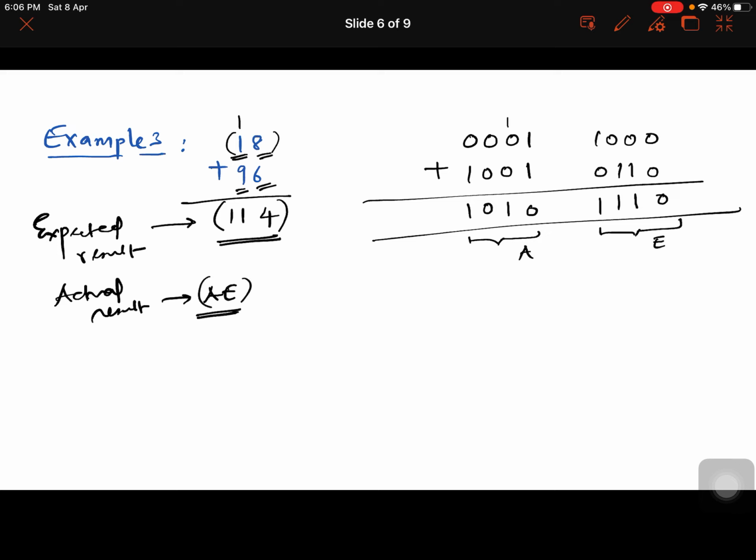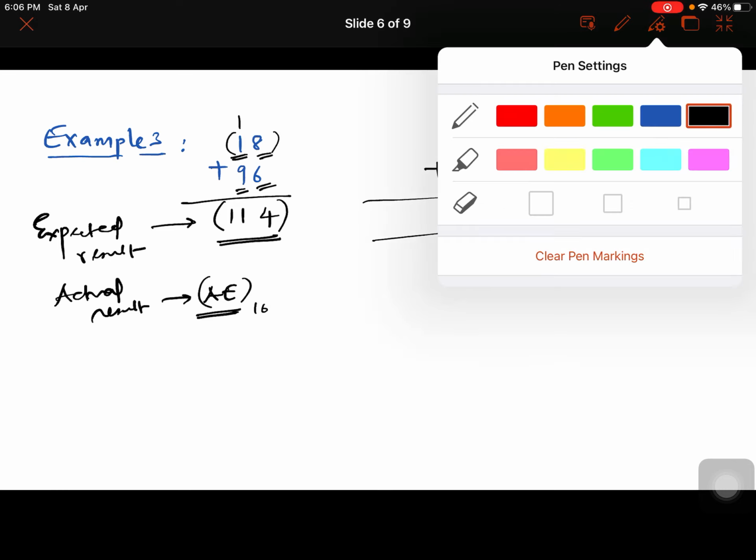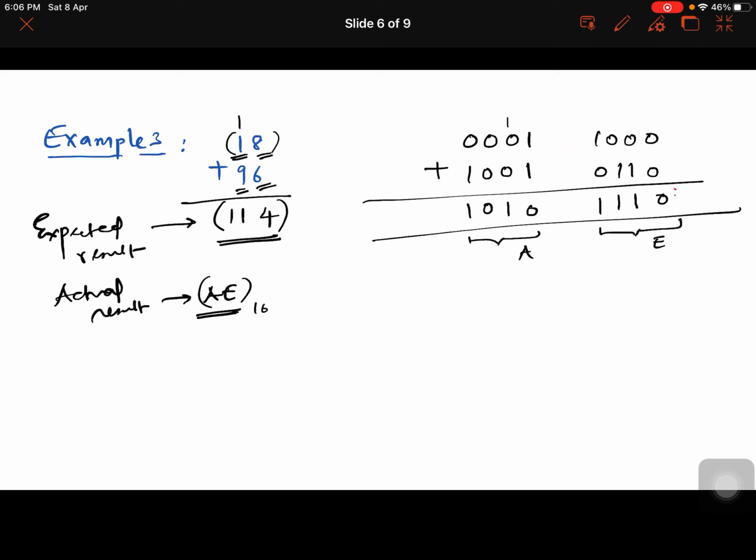Imagine you go to an ATM machine and you don't get a decimal number, and let's say you are getting this AE to the base 16. So weird it is, right? So here again DAA instruction helps us out, right? Check it out. Here D0 to D3 is greater than 9. Also your D4 to D7 is also greater than 9.